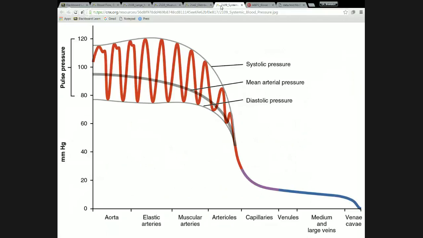And it's a fairly efficient system. The pressure gets down almost to 0 coming back. The heart doesn't have to work overly hard. We don't need excess pressure at the end because it doesn't help at all. It's okay that the pressure is practically down to 0. As long as the heart's beating enough to push the blood through the system, it's doing its job.